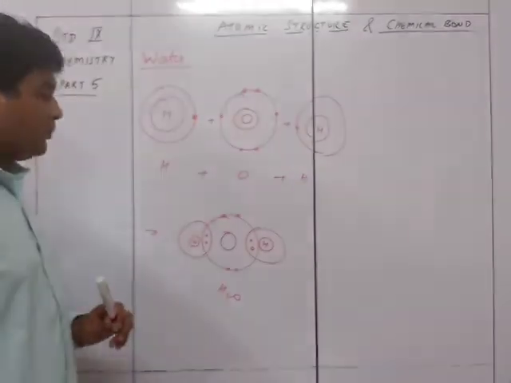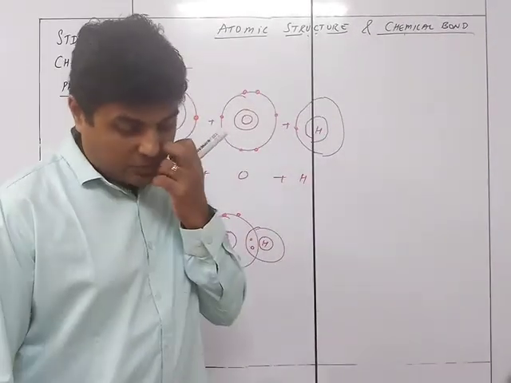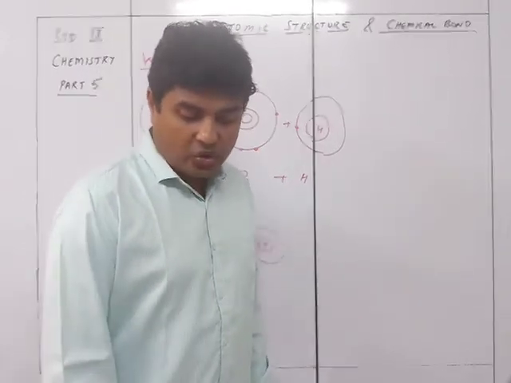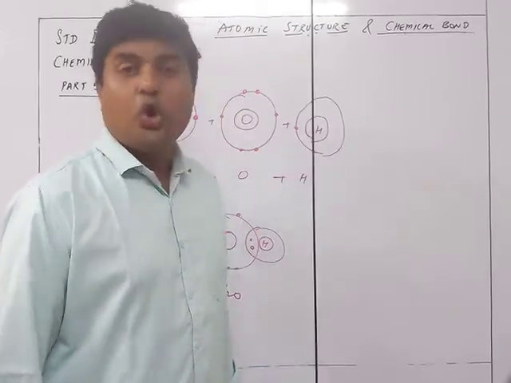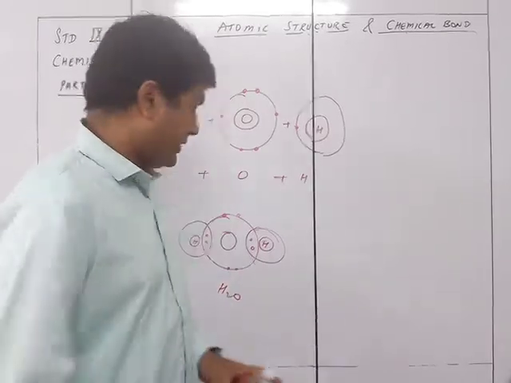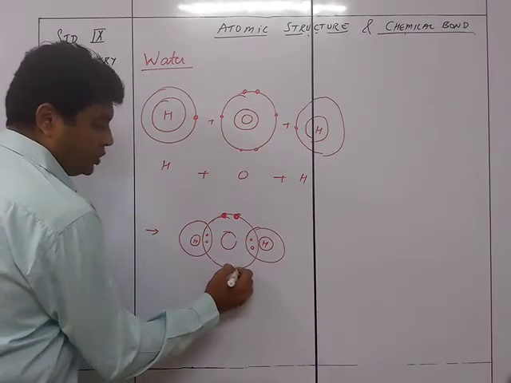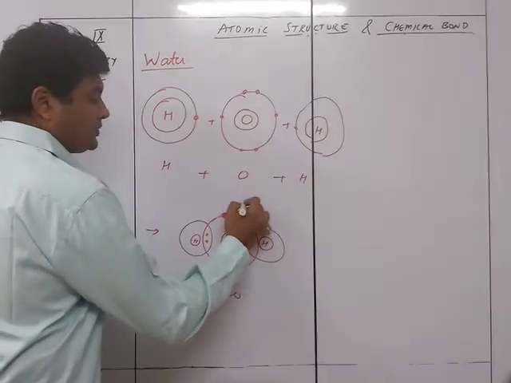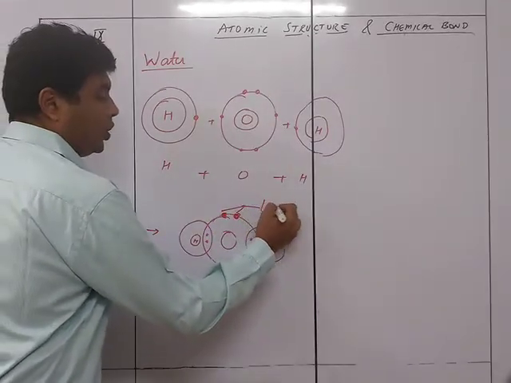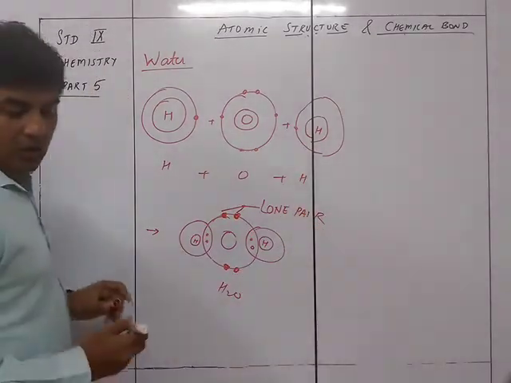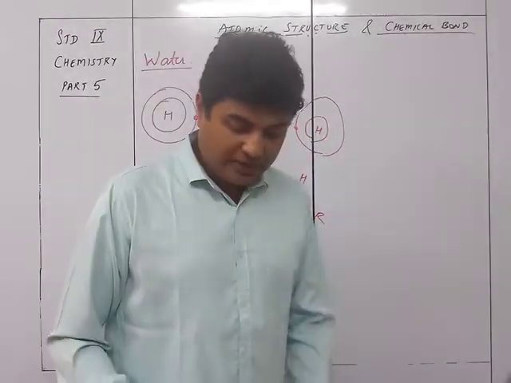Now there is one more terminology used over here, and that is called a lone pair. So this pair of 2 and this pair of 2 are called lone pairs of electrons.